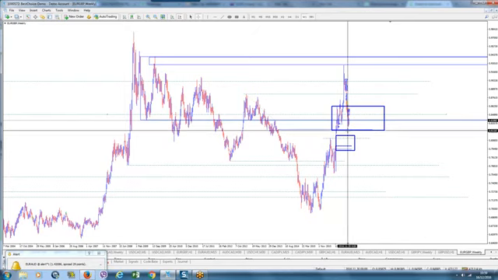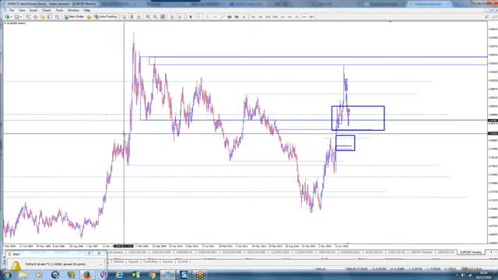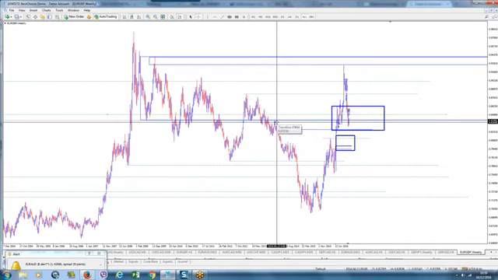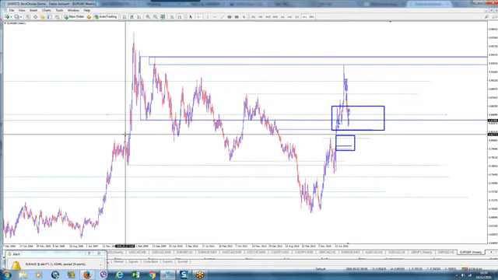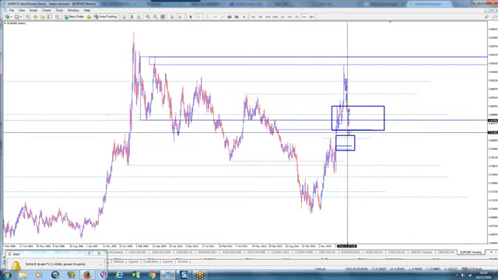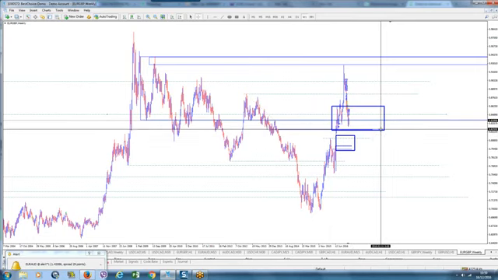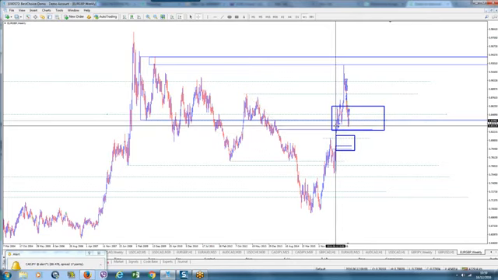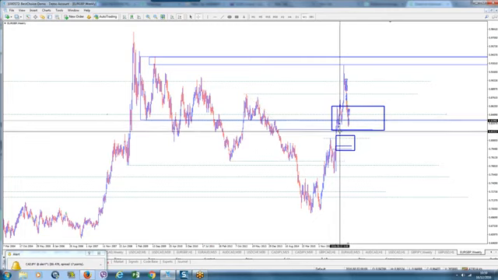So yes, breaking up whatever kink was made here brought us to our first target, which is over here. Then that target breaks. So yes, this is a monthly level and that is a monthly level and they're very close to each other. So if we break this one here, then our next target is not this one, but it's this one that it's already in. So these are things we've got to be aware of.